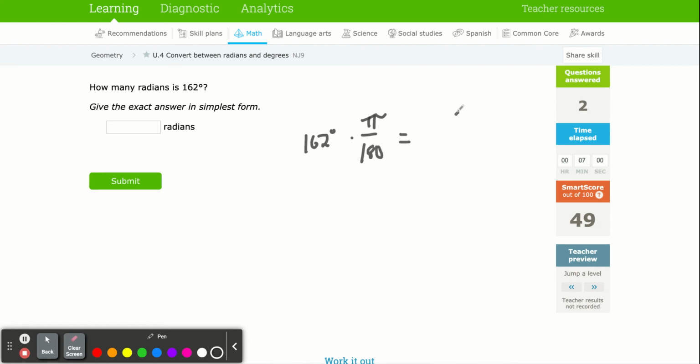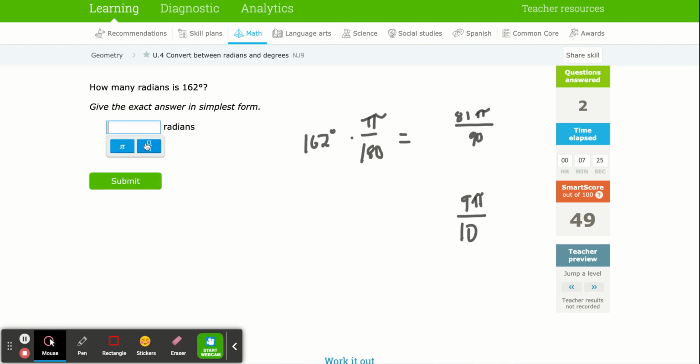So I got 81 pi over 90, because I divided both of those by 2. Well, they're both divisible by 9, so I get 9 pi over 10, and that doesn't reduce. So I come over here now, and it allows me to do a fraction. I do 9, I do pi, and I do over 10, 9 pi tenths.